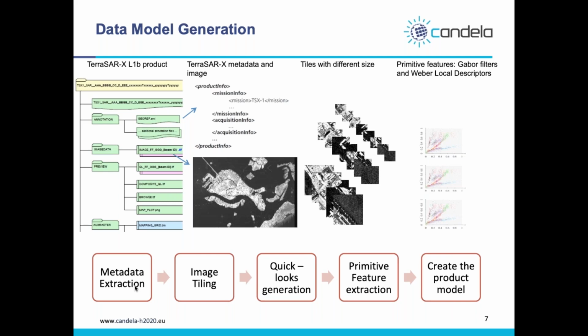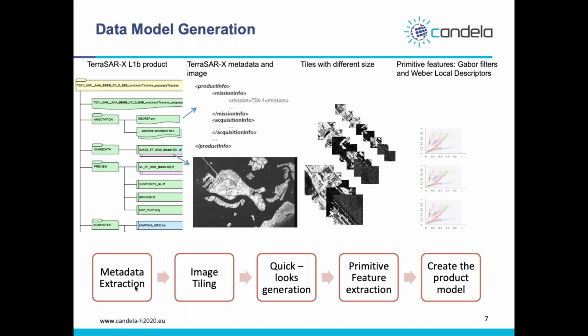Later, we generate visual data for operation because we use interactive operation. Synthetic aperture radar and multispectral data are not directly visualized on the screen, so we make this transformation like a quick look, but a quick look preserving the resolution and adapted for visualization.